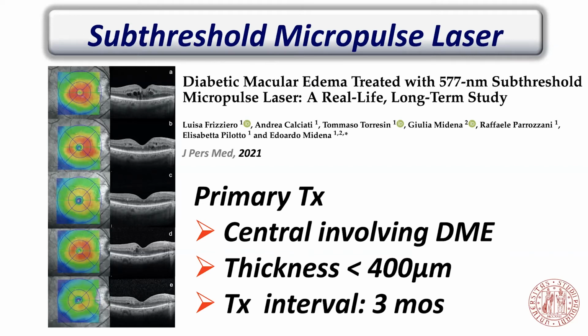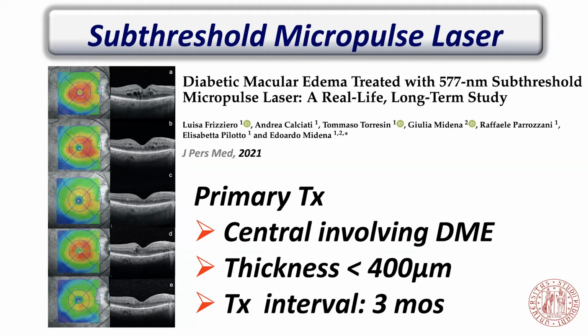But one point that has not previously been discussed is the thickness of the central part of the retina. According to our long-term experience, you cannot have a real effect if the retina is thicker than 400 microns. It's not related to the pigment epithelium, but to the light crossing through the retina.